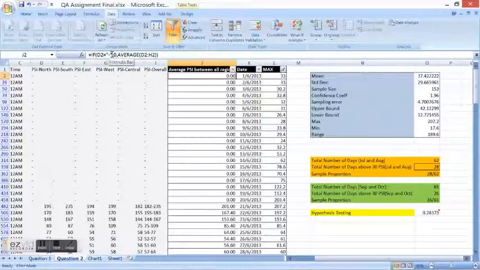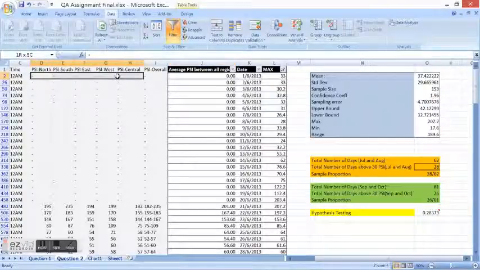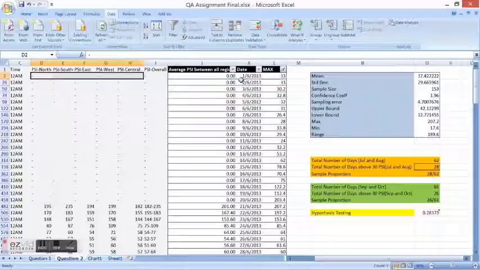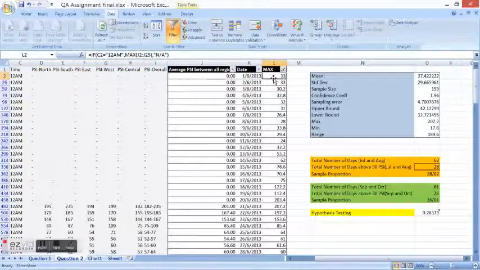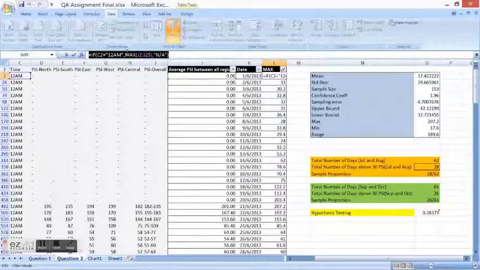1st June is a dash, because I wouldn't want it to be unable to output anything, so I put: if D2 is equal to dash, then it will show 0. Then you find the average, which is D2 to H2, the PSI for the regions. After finding that, I find the maximum, for which I use this formula.